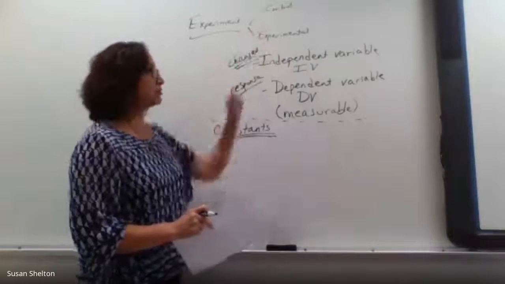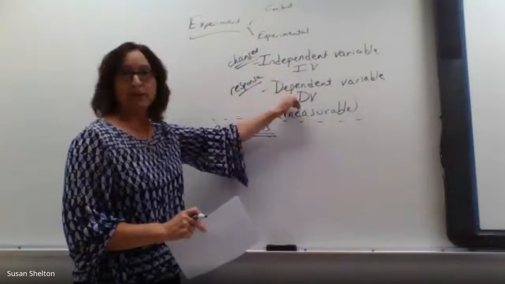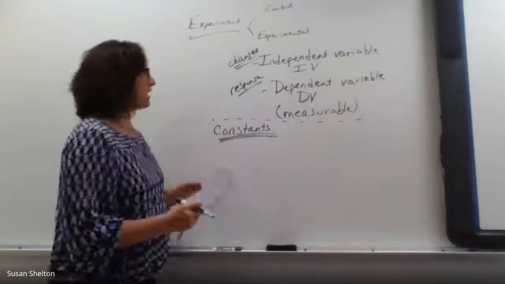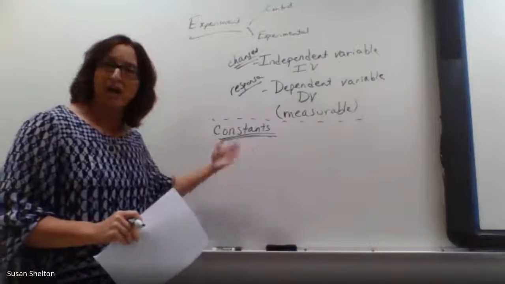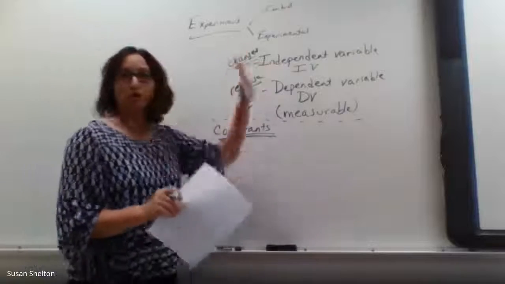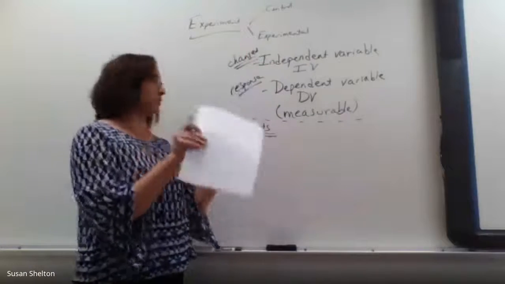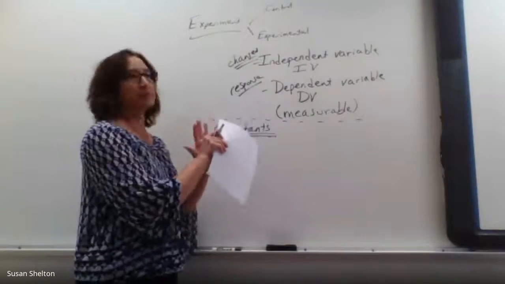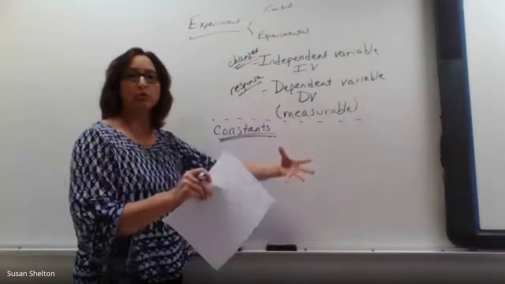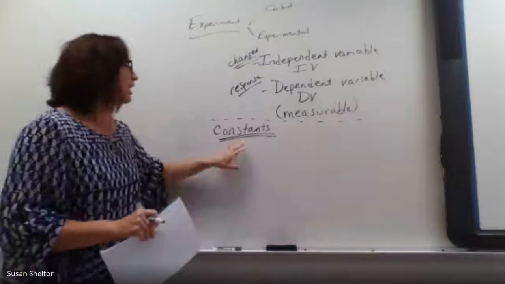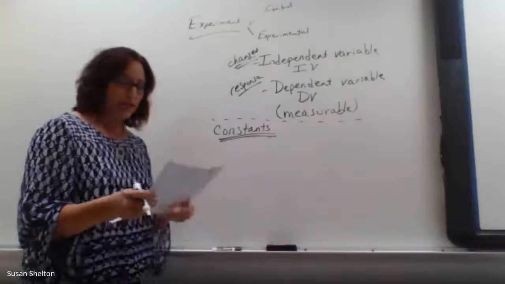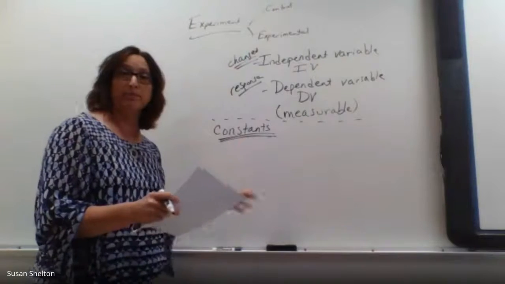The experimental group has an IV and a DV, okay? So a lot of kiddos mix up the word constants and control group. Okay, so a control, you are keeping everything exactly the same in a control group. This is an actual group of the experiment. Constants are variables that don't change. And I will show you what I mean by that.